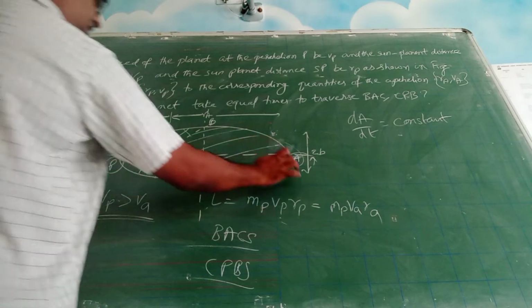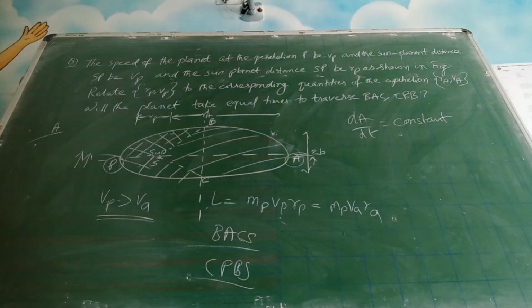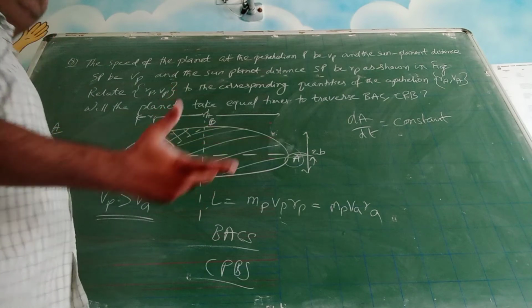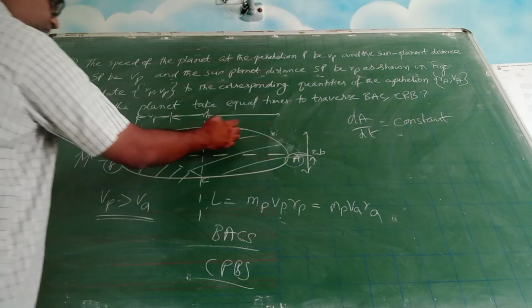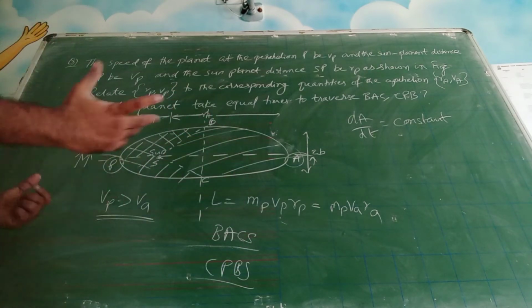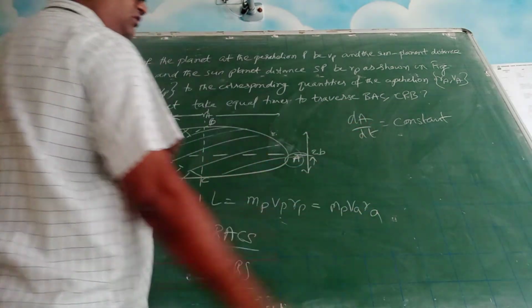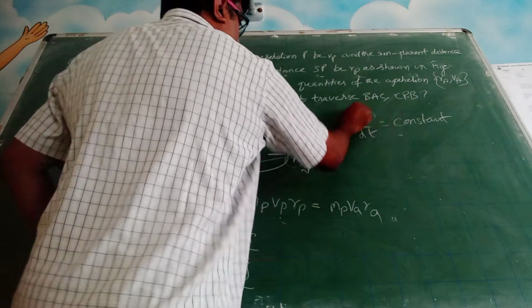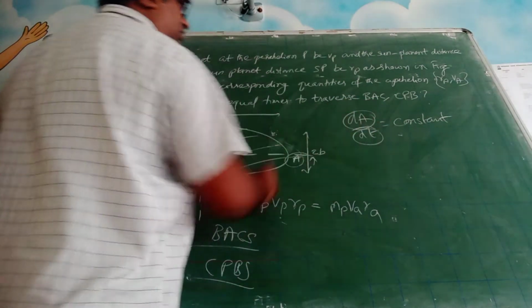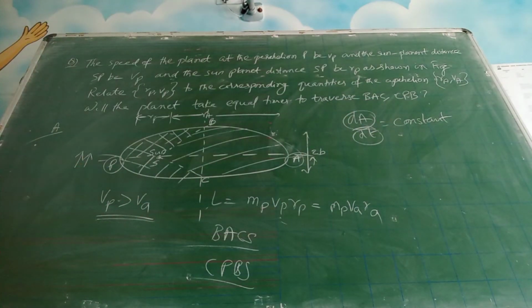Here the speed is less, here the area is more, so obviously the time taken will also be more. So to cover this portion, the right hand side portion, the time taken will be more, because you have to maintain dA by dt constant. If in the numerator more area is there, in the denominator also more time will be taken, so that you are able to cover the distance such that it is constant.